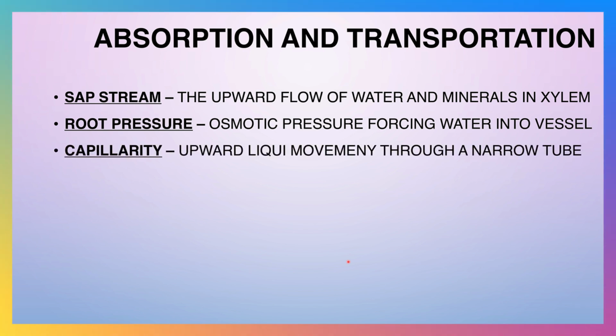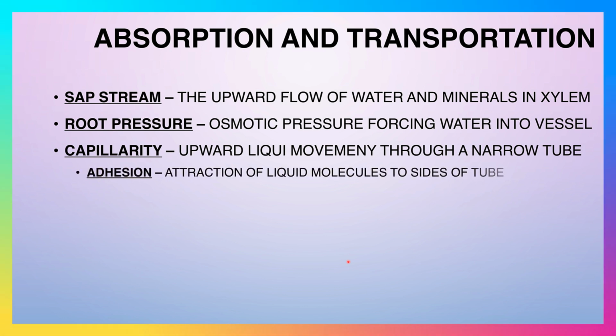And this root pressure is generally generated by capillary movement. And capillary movement, and I didn't type this out very well, is the upward liquid movement that's caused when you put liquid in a very small or narrow tube. If you take a narrow tube and dip it in water, you'll see that the water will climb into the tube a certain amount above the surface of the water.